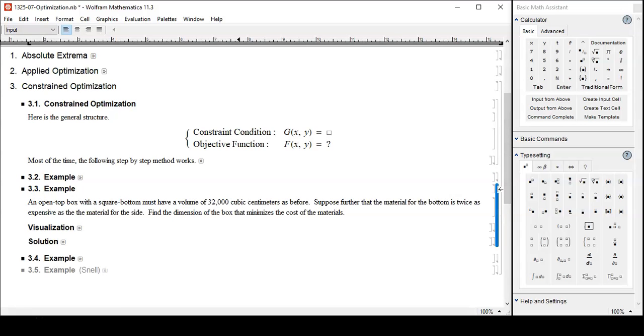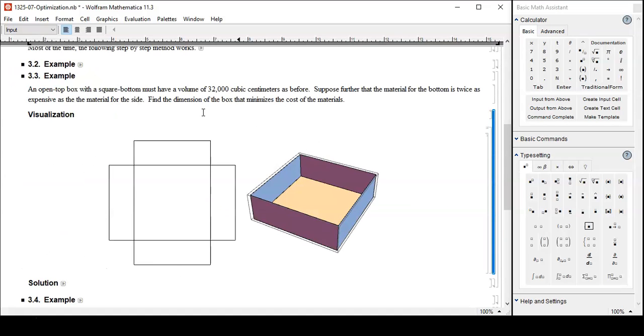How about this? An open-top box with a square bottom must have the volume of 32,000 cubic centimeters as before. Suppose further that the material for the bottom is twice as expensive as the material for the side. Again, the same situation and the same labeling. We have x by y, and the volume is the same.